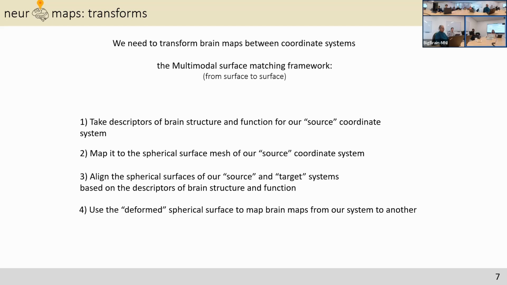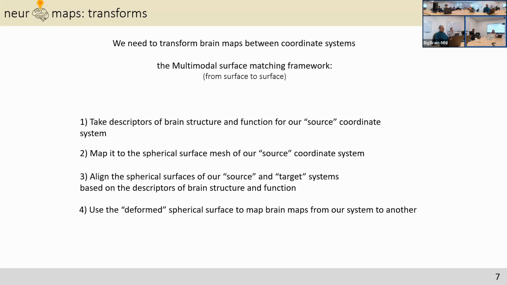So the idea is that when we have two surface meshes from two different coordinate systems, you want to map them so that some descriptor of brain structure and function is aligned quite accurately between the two maps. If you have two brain maps, two surface meshes, what you have, gyri and sulci for example, this is the basic example, that may not be aligned if you map them together.